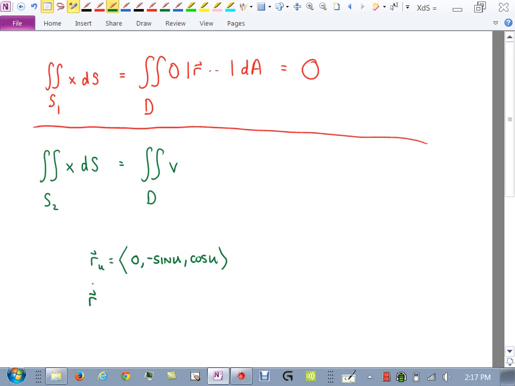Partial with respect to v was 1, 0, 0, right? What happens if you cross this? Ru cross Rv.